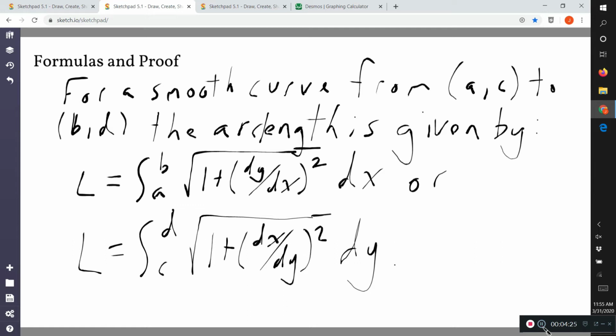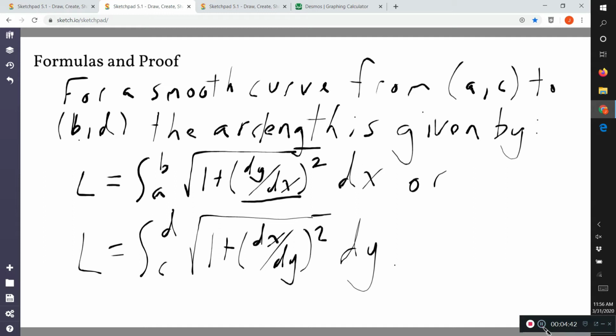And as you might imagine, dy over dx is the derivative of that function with respect to x. Notice that the bounds are from A to B because our x-coordinates go from A to B in the description.